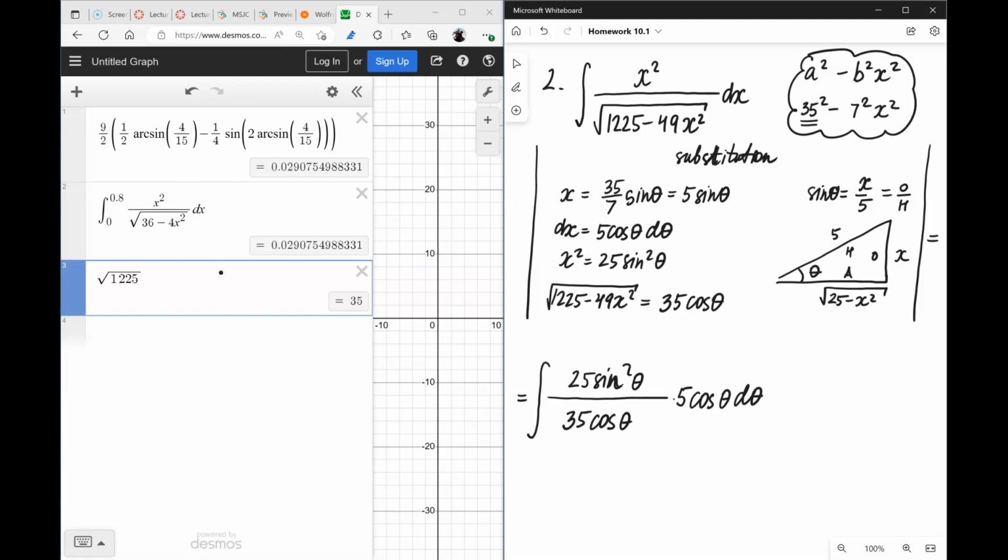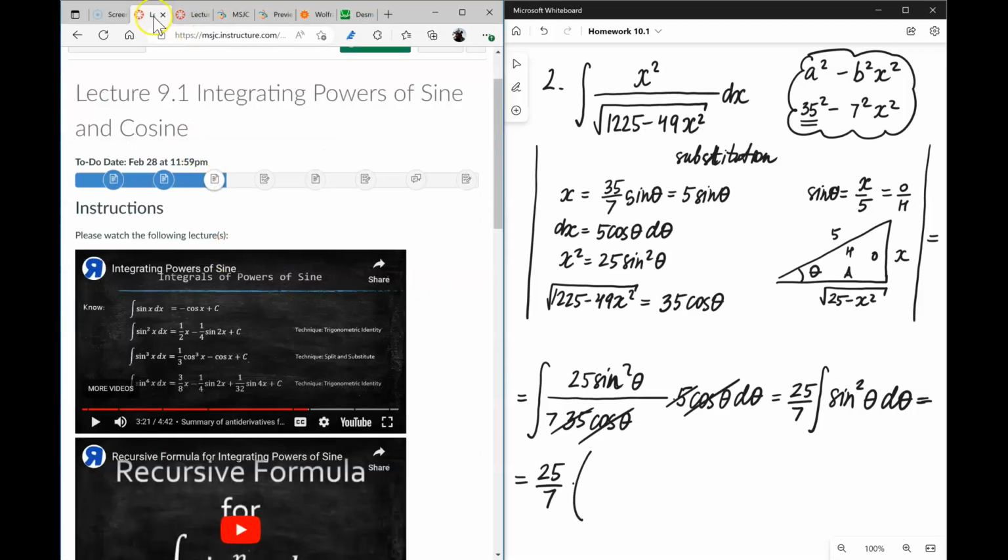Okay, now we're going to reduce everything we can. So this is 5 over 7 integral of sine squared theta d theta. And just like in the previous problem, we are expected to know that integral, so I'm just going to look it up here.